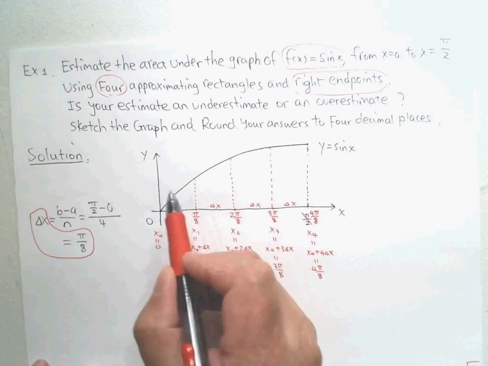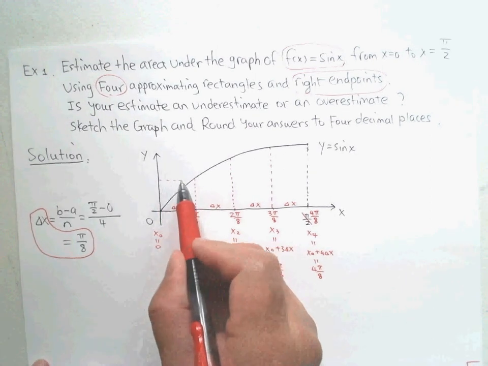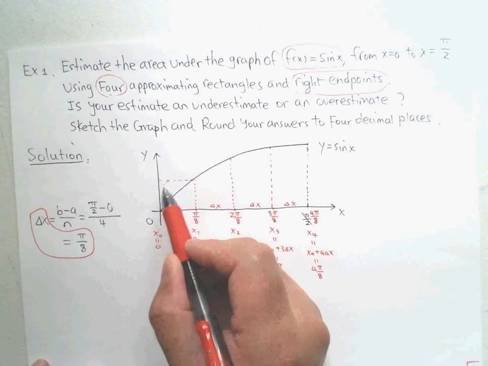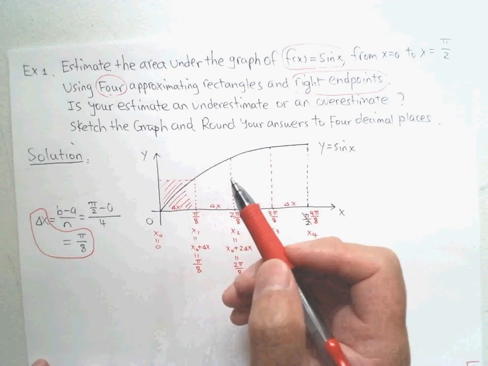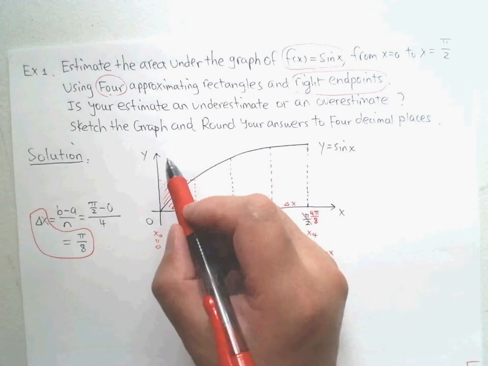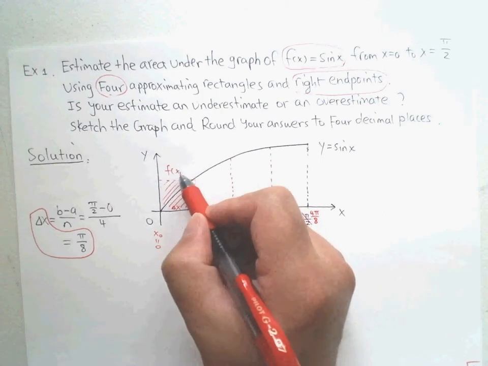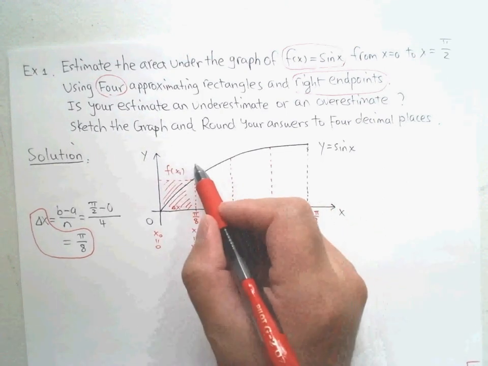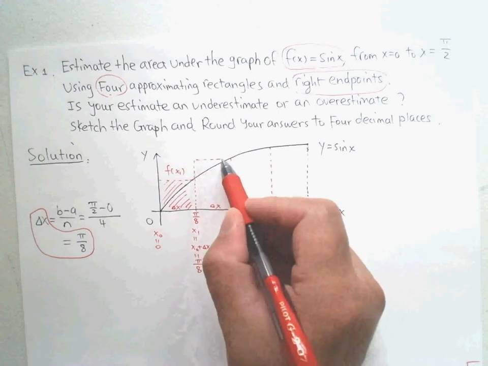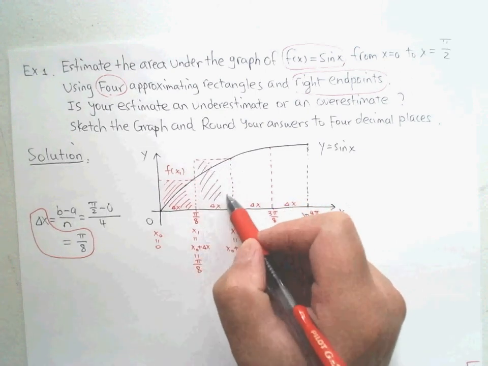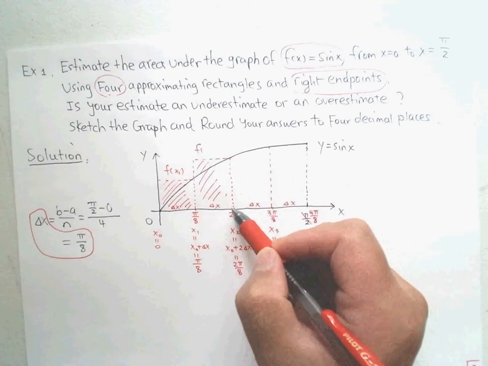And then I draw the rectangles. It says right endpoint, so the first is this high, right? I draw, see, this is the first rectangle, and the height is f at x1. The second is this, the right endpoint.